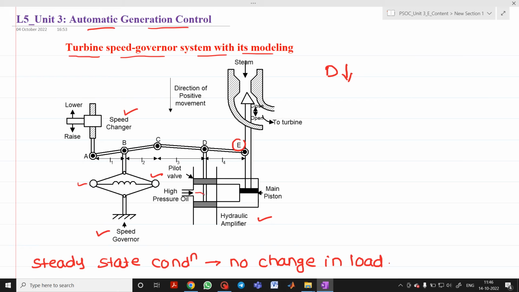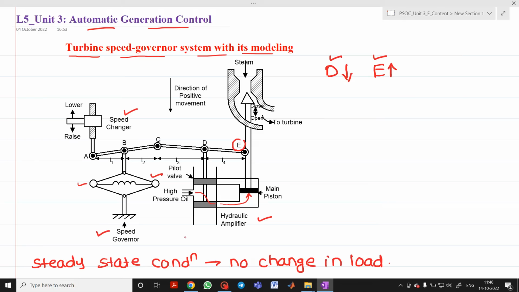This high pressure oil will enter from this and it will come into the main piston area and E will move in an upward direction. By the same amount that D moves downward, E moves upward, and it affects the steam inlet.